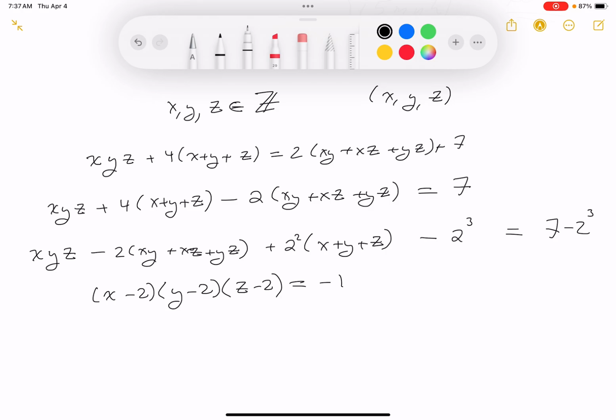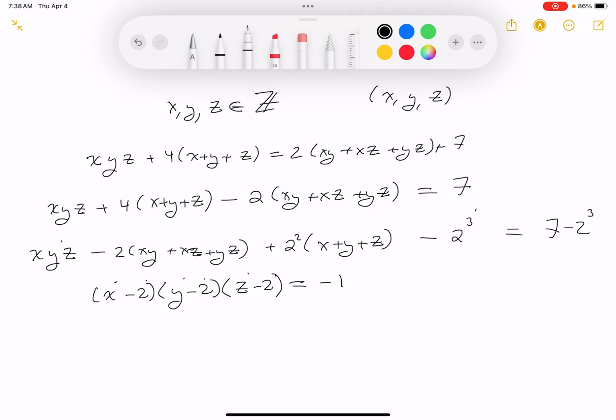And this is my goal at this point. By the way, I do get xyz, I do get this over here, and then I get those combinations in the middle. And again, you may want to multiply that out to make sure that's the case.